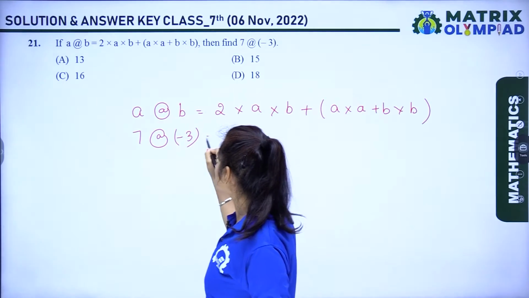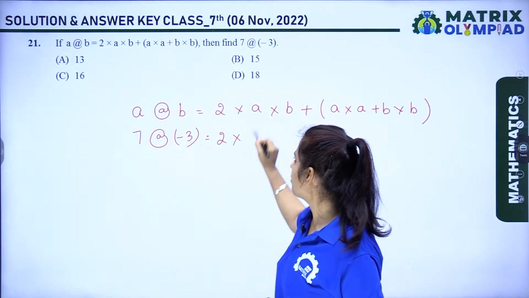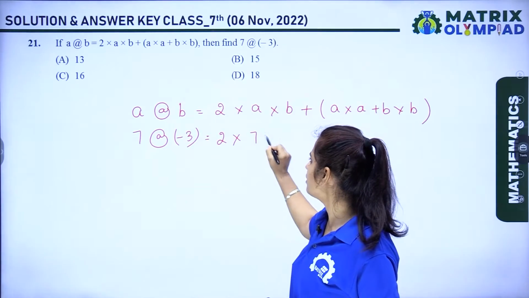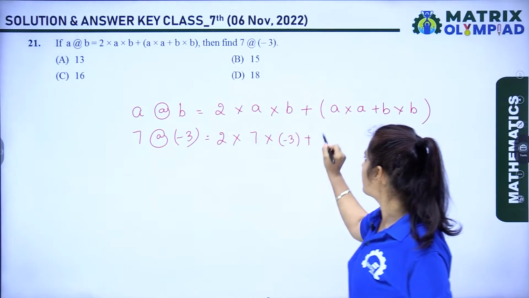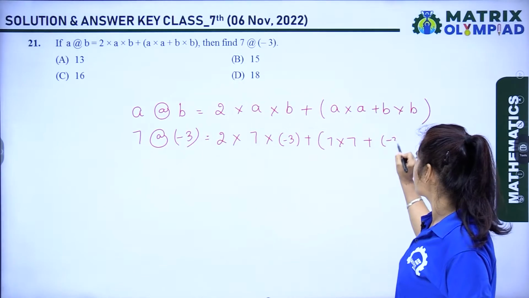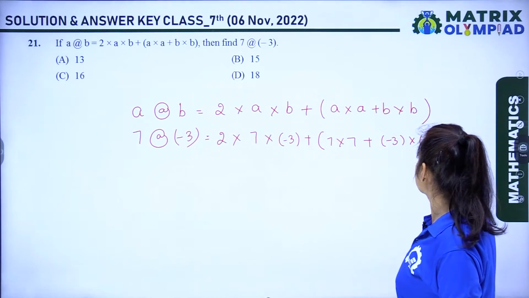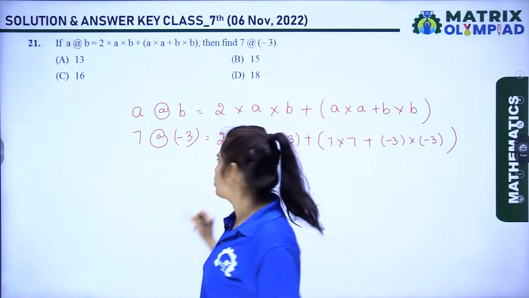So let's solve this expression. 2 multiplied by 7 multiplied by negative 3 plus 7 multiplied by 7 plus negative 3 multiplied by negative 3. So let's begin with the calculation part.